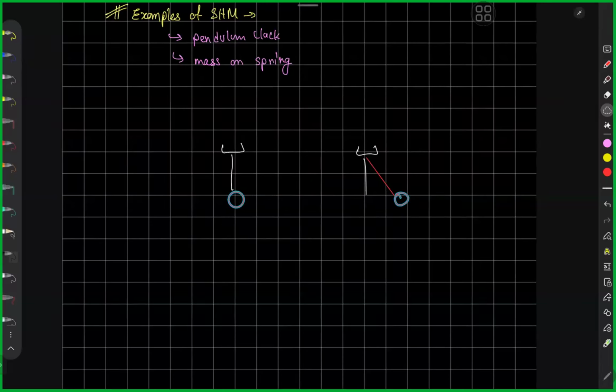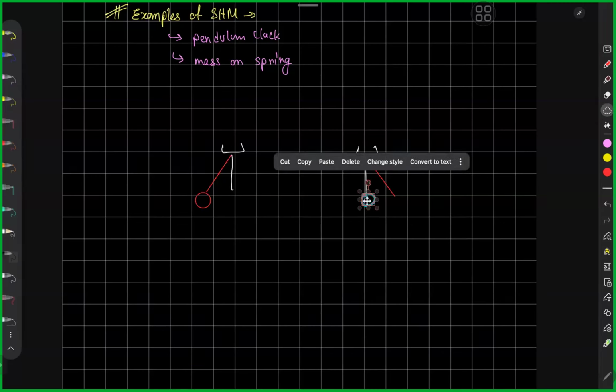So it goes from this position to this in the first 0.5 seconds. Now, next 0.5 second, what happens? This will go over here, and this will come back to here.